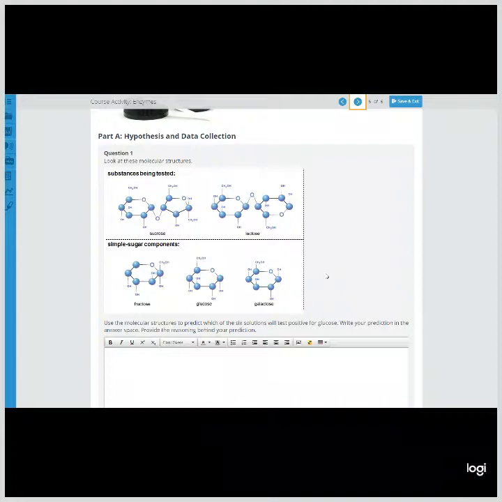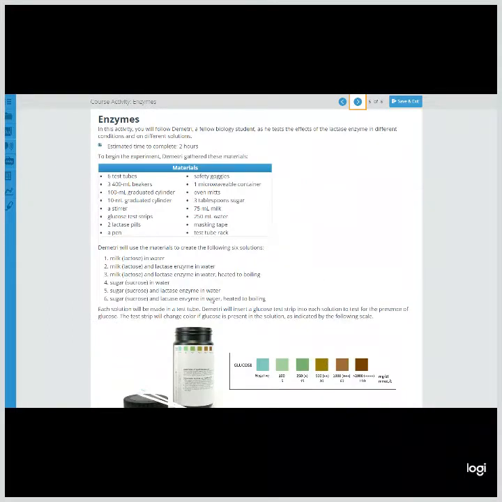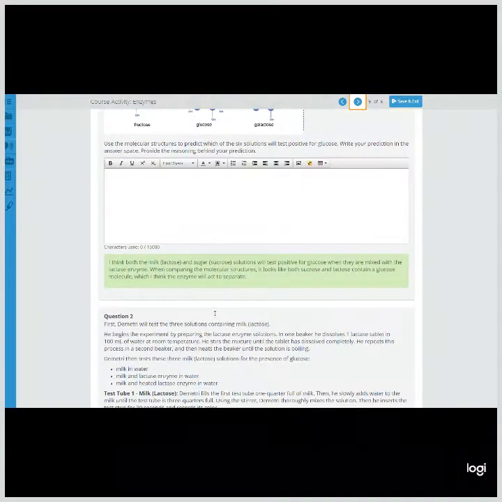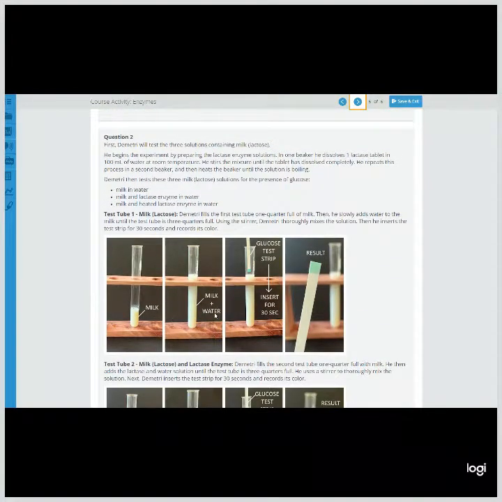Will you be able to test for glucose in the solutions? You can look back up here at solution 1 through solution 6, meaning the solutions in test tube 1 through test tube 6. Write down your hypothesis, and then go to question number 2.